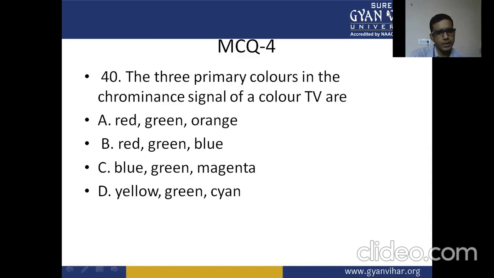Question 4: the three primary colors in the chrominance signal of a color TV are A red, green, orange, B red, green, blue, C blue, green, magenta, D yellow, green, cyan.